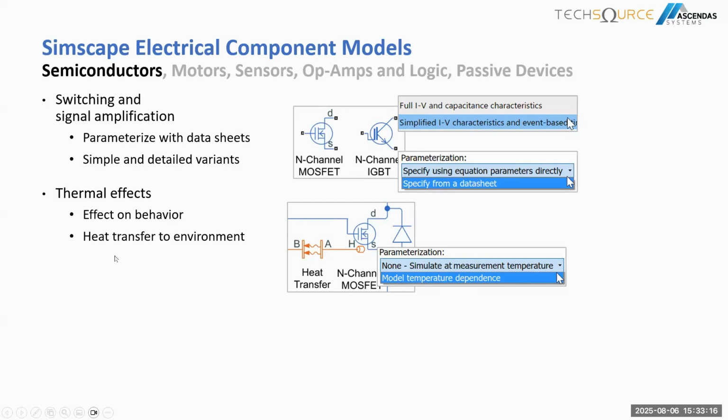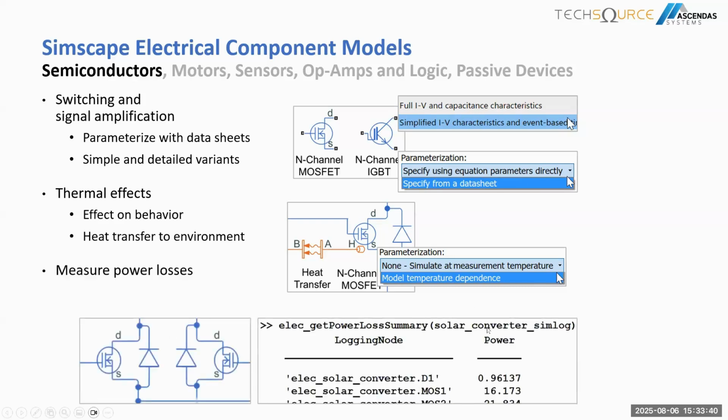So you are able to develop simulations with thermal effects, so that in a system you are not only doing power conversion, but also checking thermals, and you may have thermal management within the control system of your power conversion. So you are able to develop control systems for your thermal effects too.